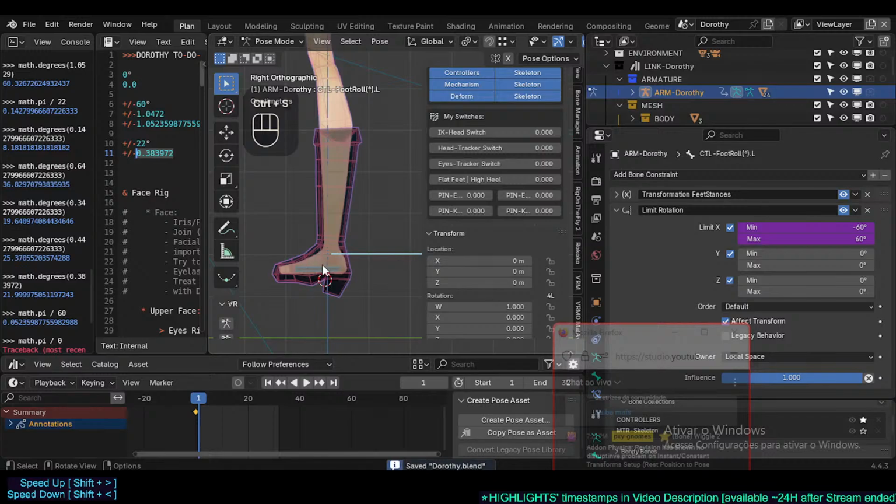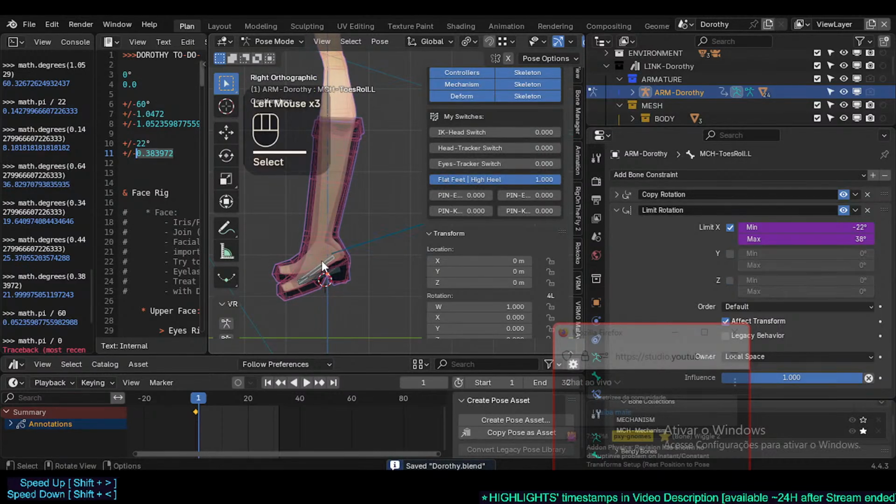Right, let's not mess up this one again. Okay, so here it's going negative.